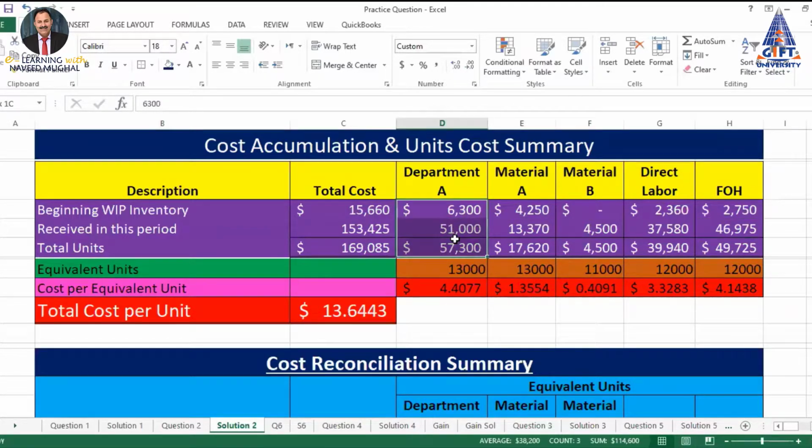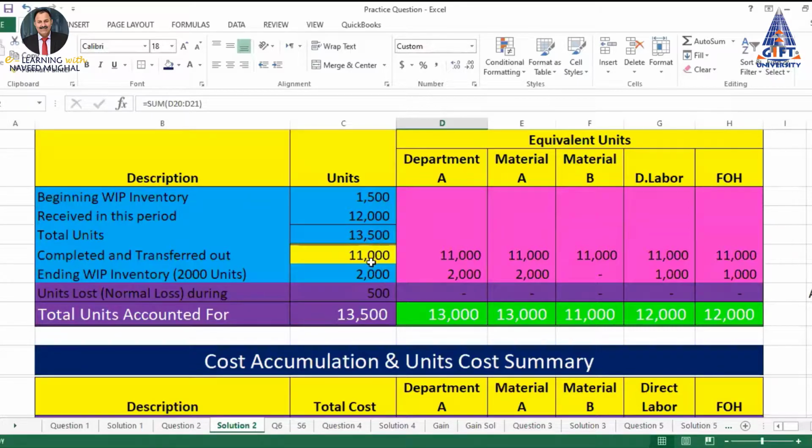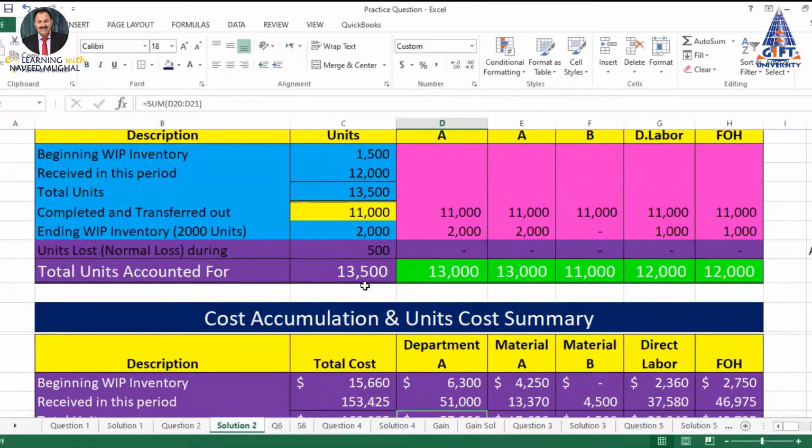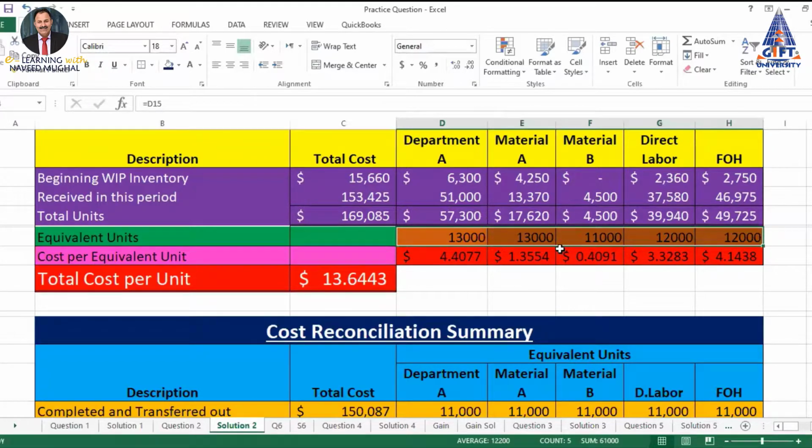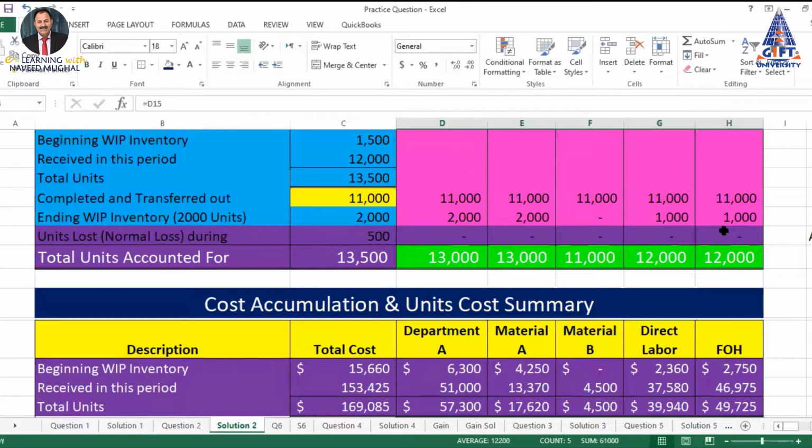When we total the previous period cost and this period cost, that gives the total cost. We have also totaled the units, meaning we have not distinguished the 1500 units from this period's units. That's the average method of costing. The total equivalent units are 13,000, 13,000, 11,000, 12,000, and 12,000, which we calculated in table 1.